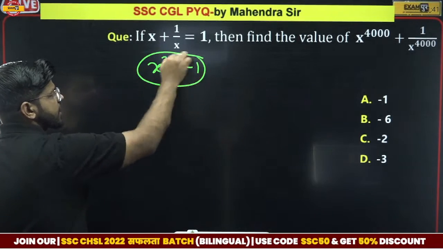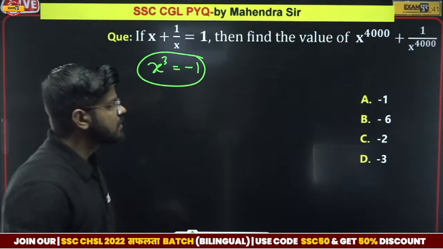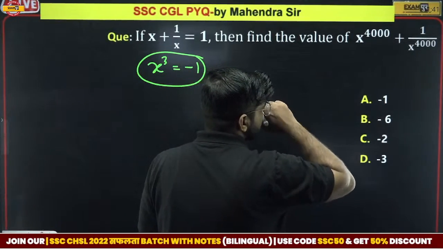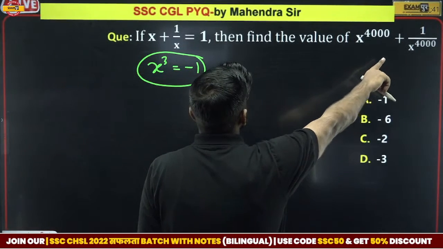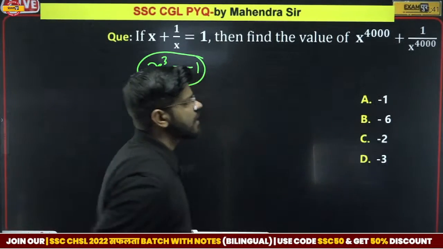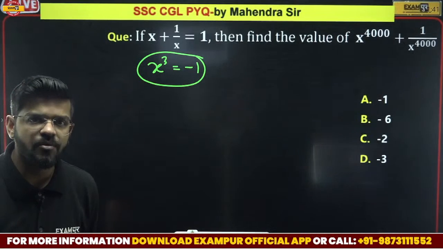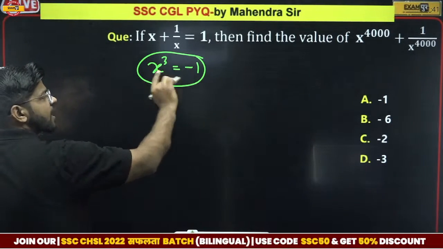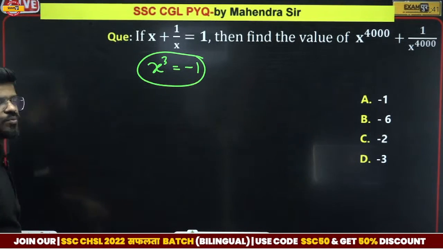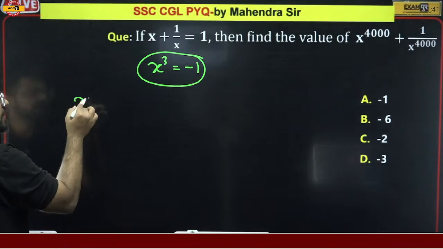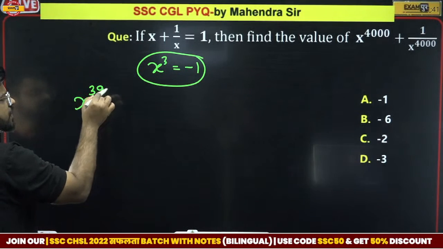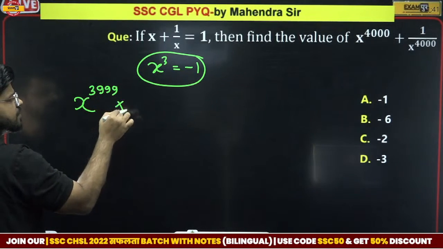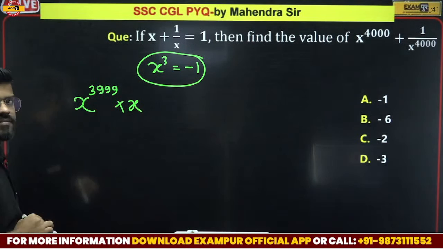Clear? We have to find the value of x to the power 4000 plus 1 upon x to the power 4000. How can we write this? We have to break it in the form of x cube. So we can write it as x to the power 3999 multiplied by x. Can we write this?